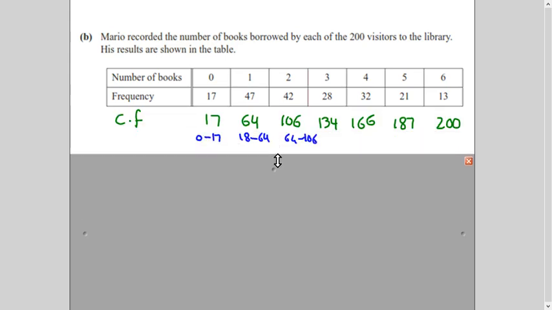Now, when the frequency distribution is given to you, and you want to find the central place, it's better you turn this frequency into cumulative frequency. So 17 plus 47 is 64, plus 42 is 106, and so on. Now, what is the importance of this?